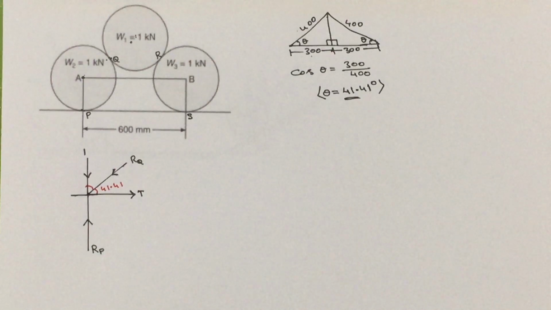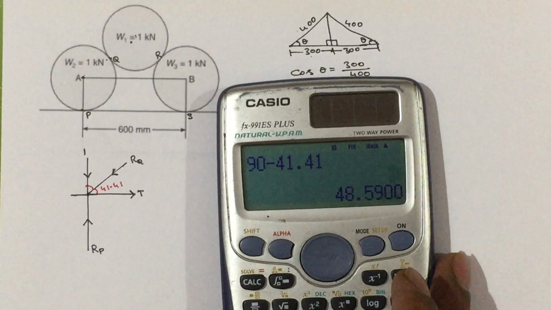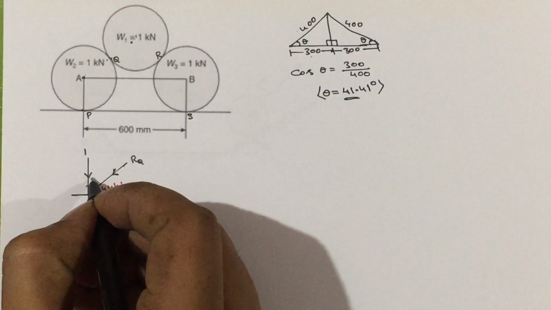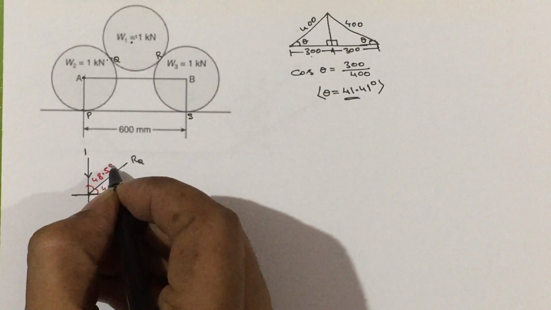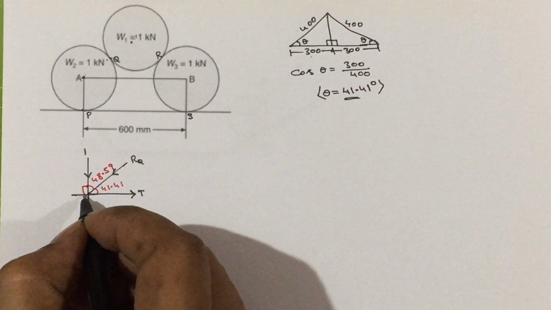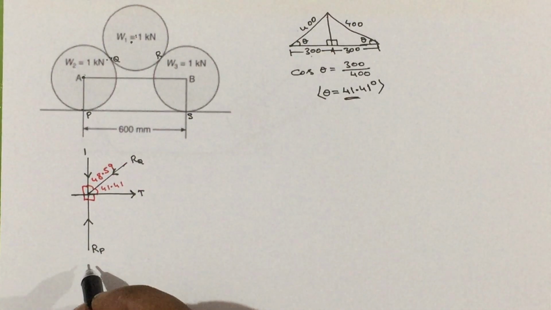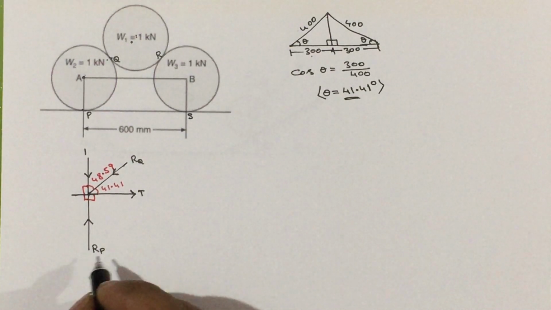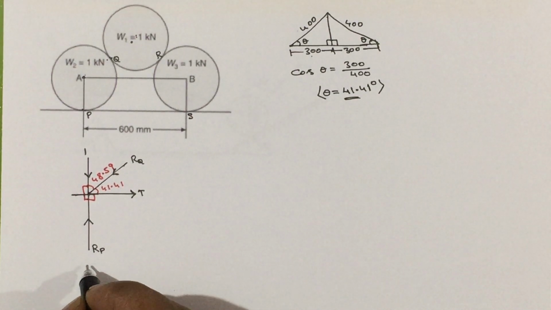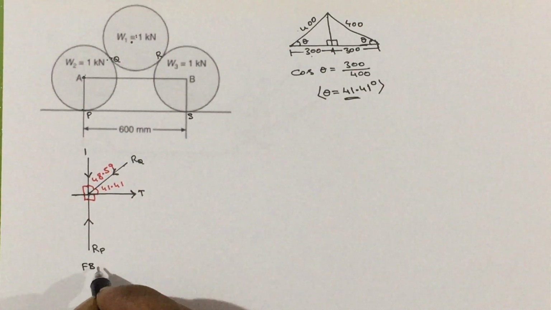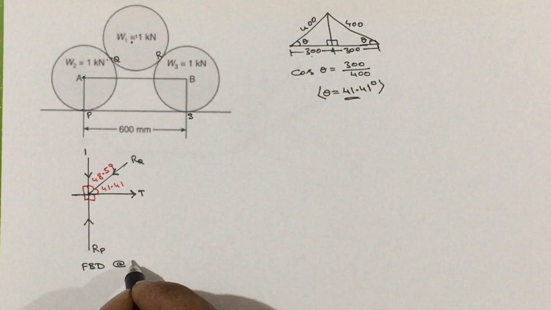Then the remaining is given by 90 minus 41.41, you are going to get 48.59. So the remaining angles are, this is 90, this is 90, this is also 90. This is the free body diagram at A, or the first ball.